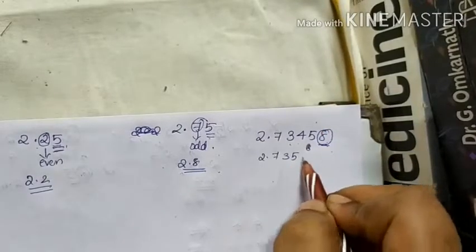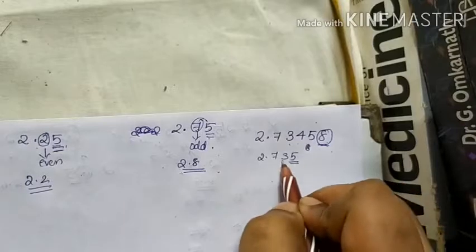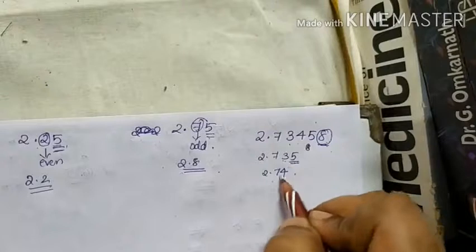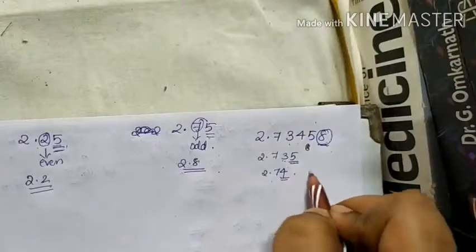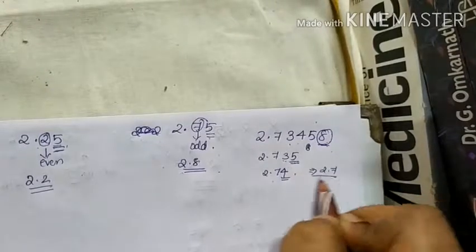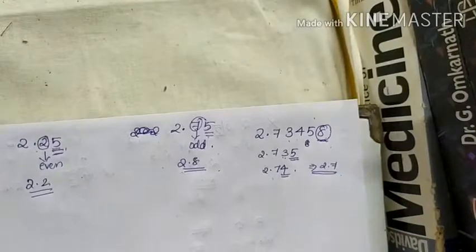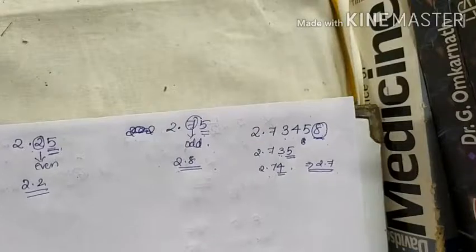Now comes the problem. 5, and the previous number is odd, that means add 1 to it, so it becomes 2.74. Now 4 is less than 5, so the answer is 2.7. This much is clear, right? Happy? So let's move on.